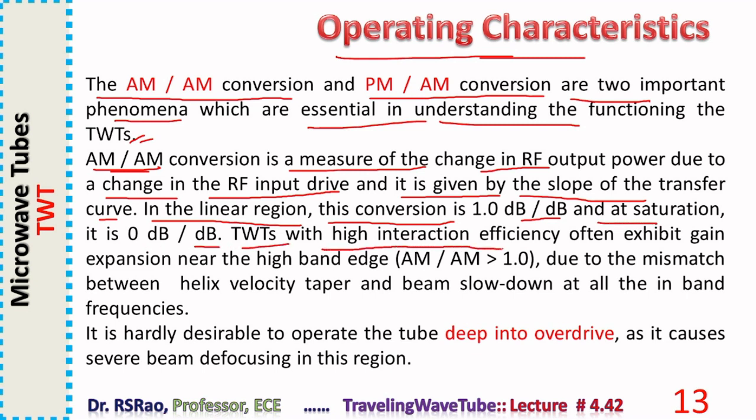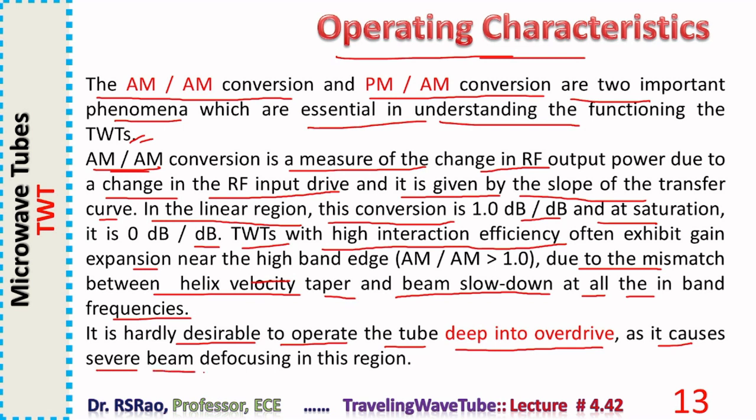TWTs with a high interaction efficiency often exhibit gain expansion near the high band edge, that is, AM-AM more than 1, due to the mismatch between helix velocity taper and beam slowdown at all the in-band frequencies. It is hardly desirable to operate the tube deep into overdrive as it causes severe beam defocusing in this region. So overdrive should be avoided while operating the device.